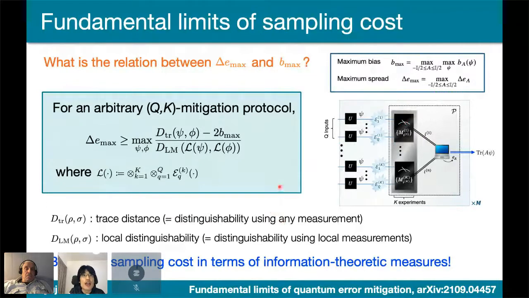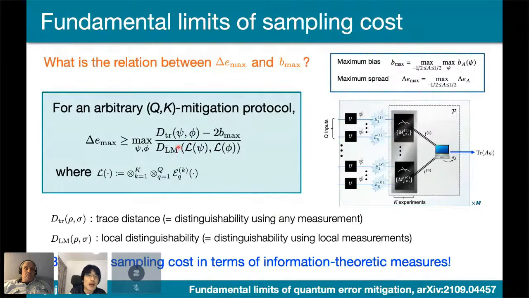Okay. And the interpretation of this inequality can now be the following. This noise channel can decrease the distinguishability measure. But the more this noise channel decreases this distinguishability, the harder it should be to reconstruct the true expectation value.